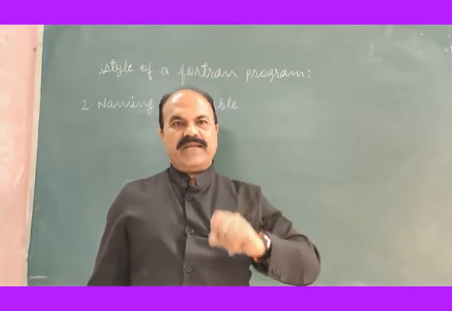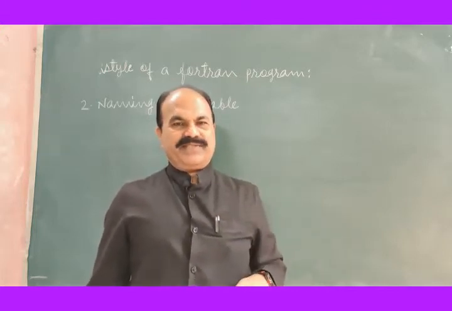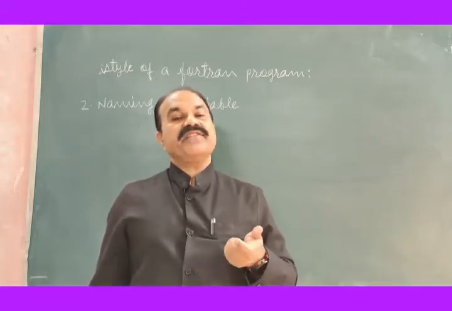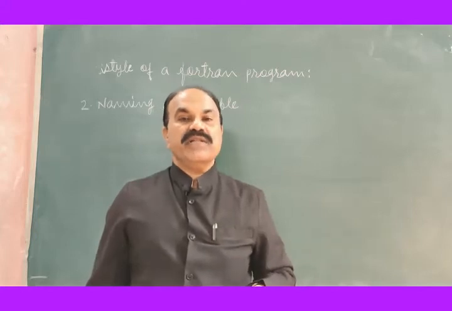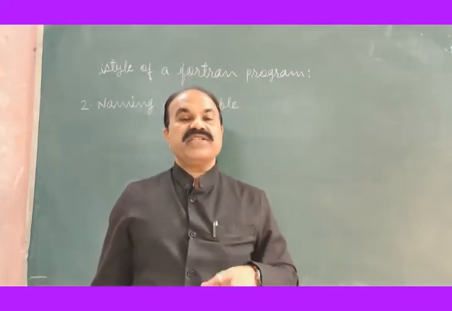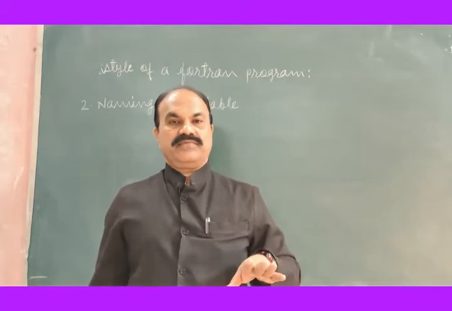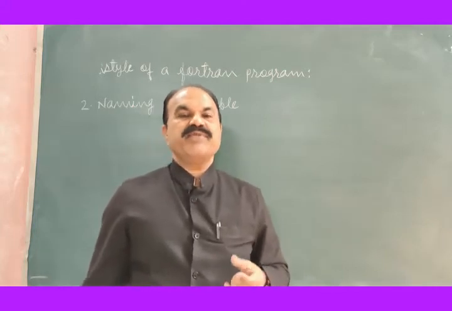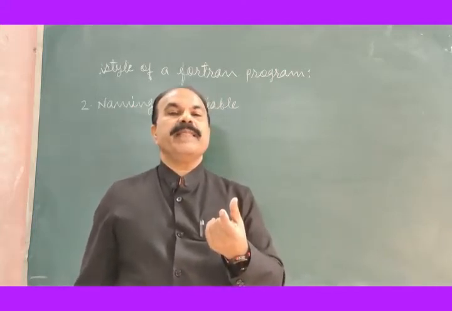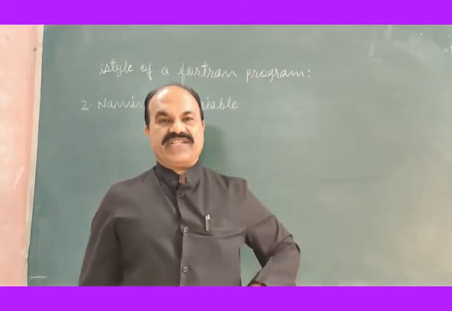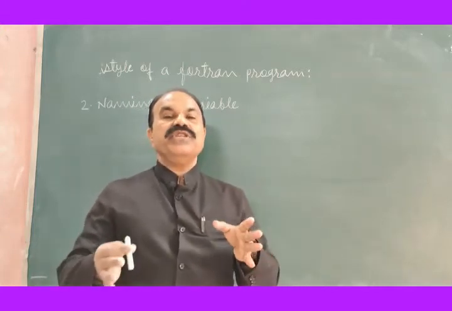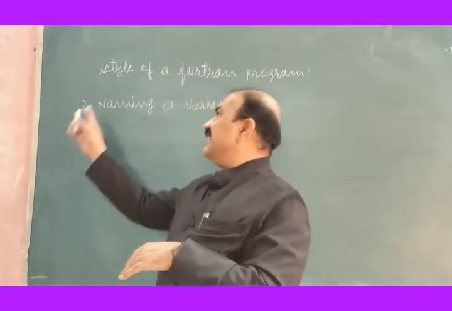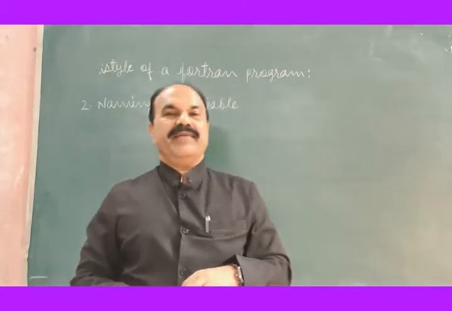First character of the variable name should be an English alphabet. Other characters may be English alphabets or numerals. Special symbol is not allowed in variable names, and maximum length of the variable name is at the most 6 characters long. We know these rules for writing names of variables, that is naming a variable.